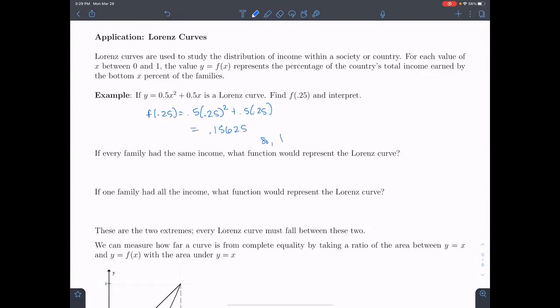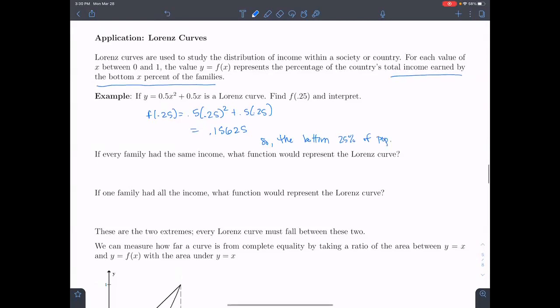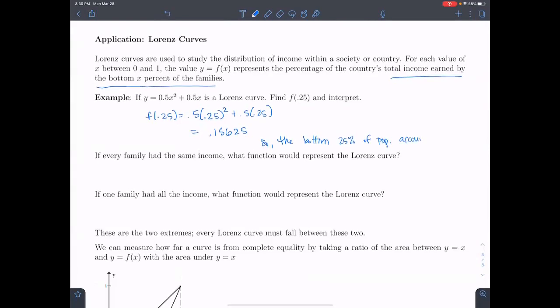So the way we interpret this, because this is the total income earned by the bottom X percent, is that the bottom 25% of the population accounts for about 16% of the total income.